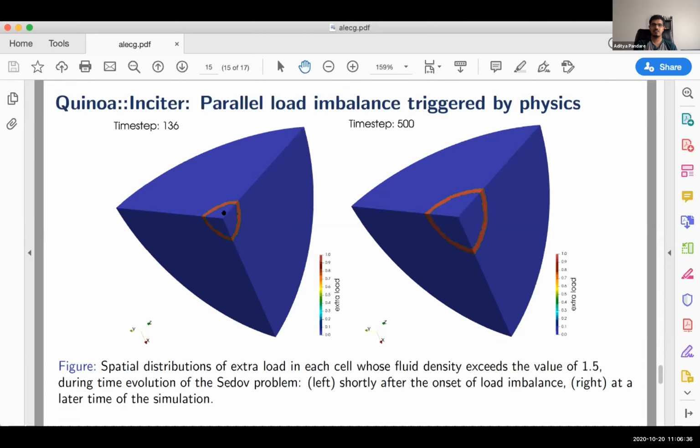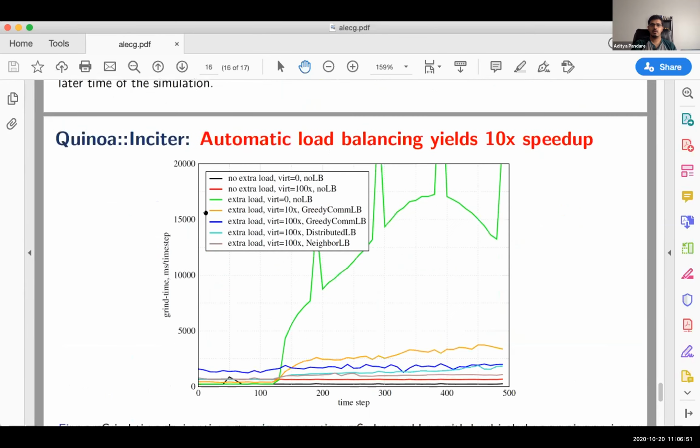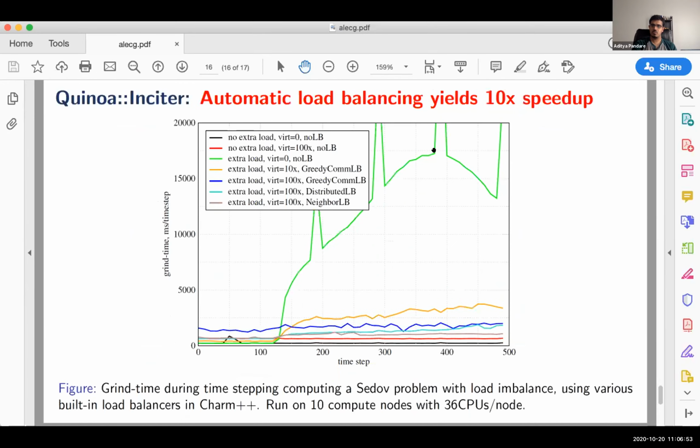So here you can see at different time steps how the blast wave progresses through the domain. It expands, and because of that, the zones which have the extra computation also go further ahead. And clearly the green line shows the extra computations without any load balance.